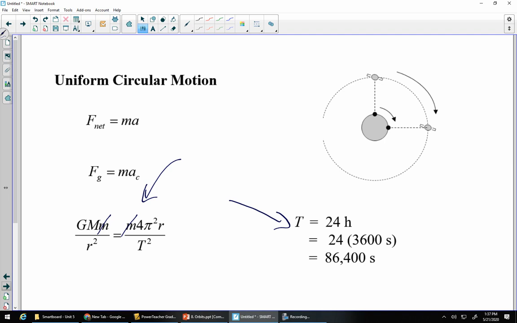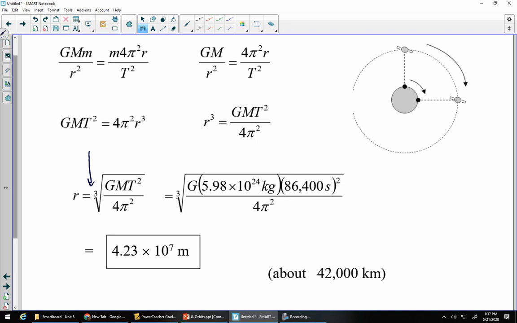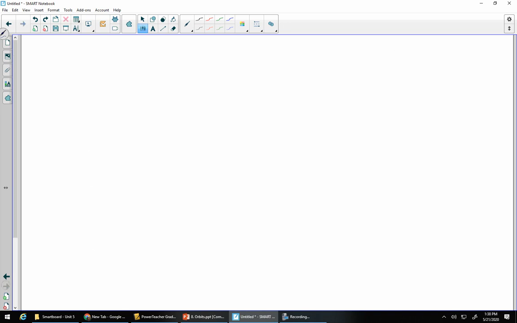The mass of the satellite actually cancels, so who cares about the mass of the satellite? When we go through and rearrange, we have to use a cubed root for this. Push math on your calculator. It's 2 buttons below your second function on your standard TI-83s and 84s. But anyways, we plug numbers in: 4.23 times 10 to the power of 7 meters, or about 42,000 kilometers from the center of the Earth.